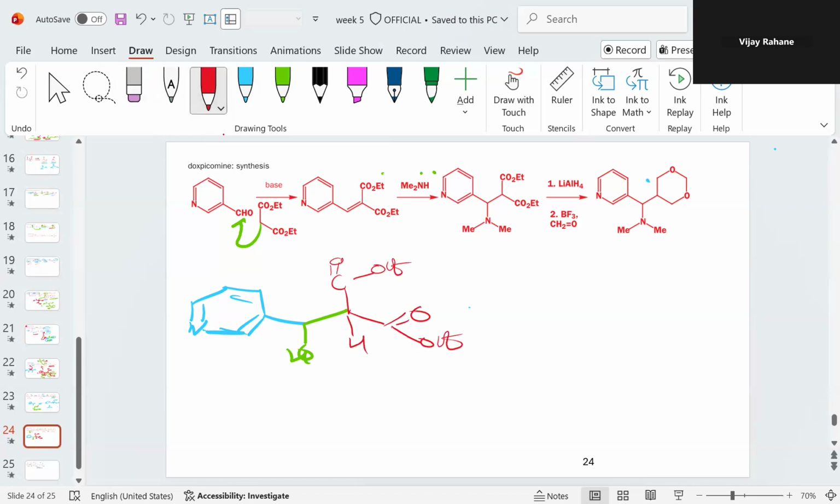In the presence of base, this proton is still acidic, so the acidic proton is affected and forms a negative charge, which further eliminates the O negative. So basically a dehydration step occurs here because of the base, and we get the product. So this was the intermediate.